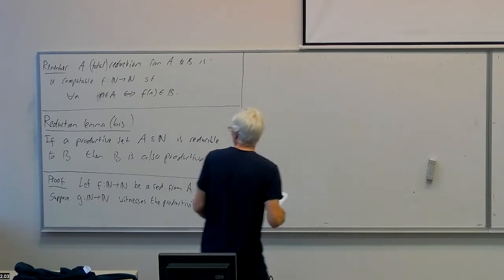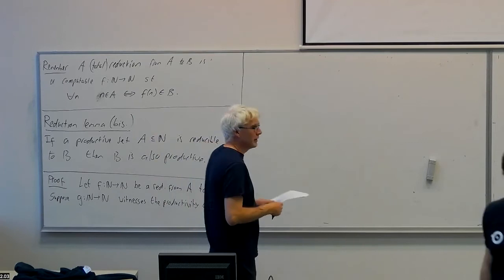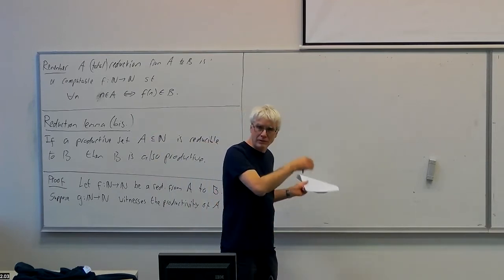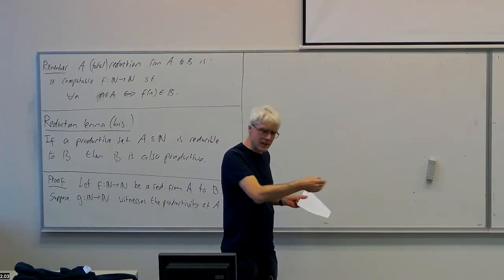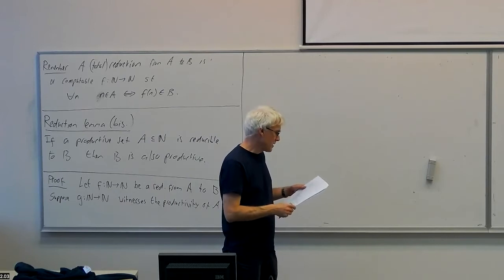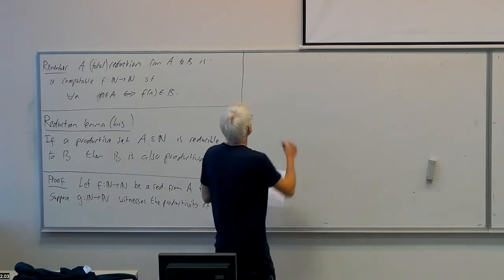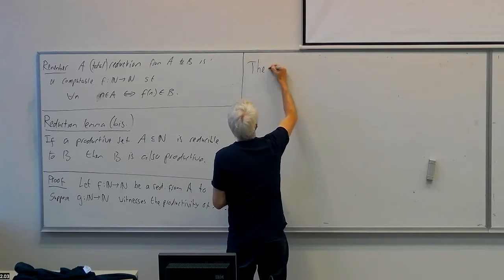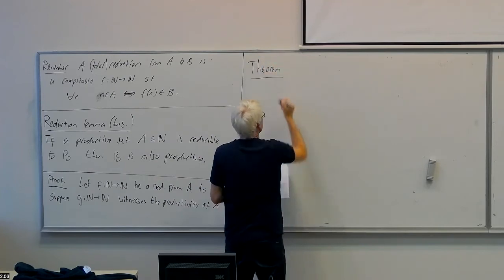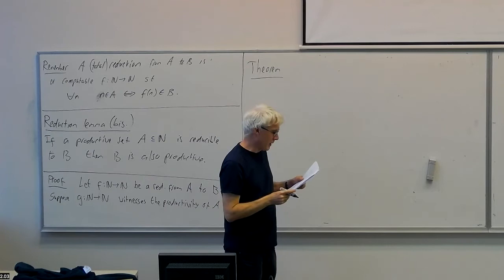So we've got this reduction lemma that tells us that if we reduce a productive set to another set, then that other set is again productive. We can use this to give a stronger version of Rice's theorem from last week.